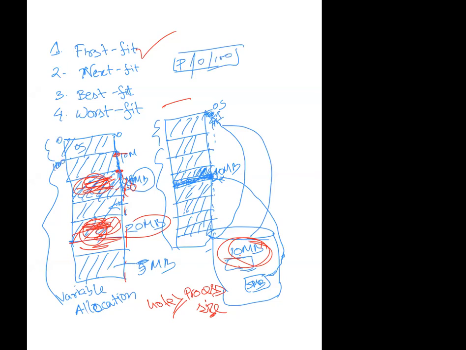Then there is another process, from 100 to 200 address. The next is a hole or backend space, let's say from 200 to 300.